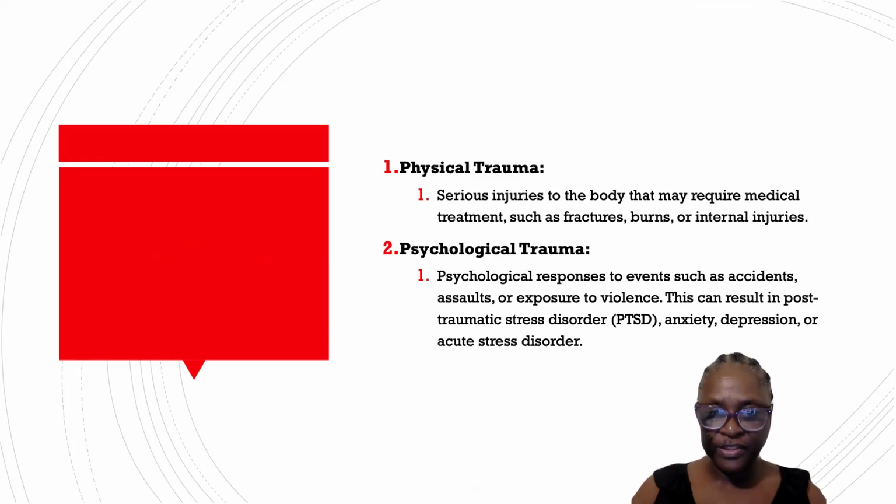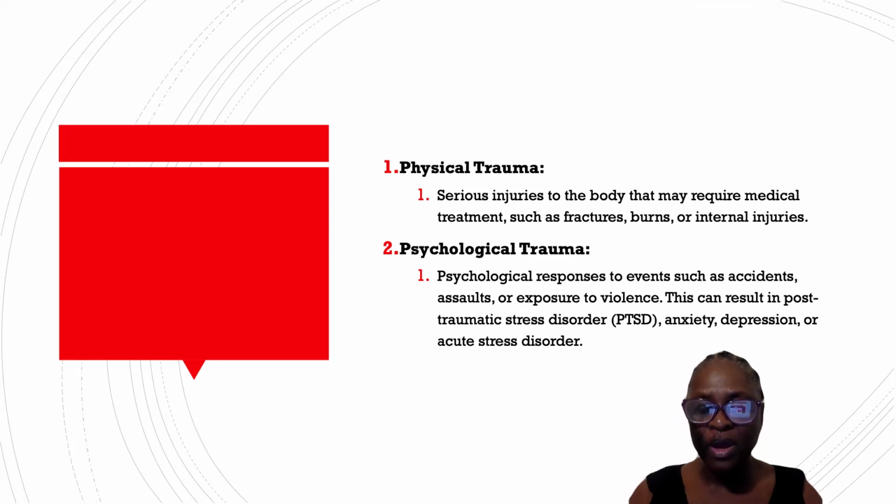Physical trauma, serious injuries to the body that may require medical treatment, such as fractures, burns, or internal injuries. Psychological trauma, a psychological response to events such as accidents, assaults, or exposure to violence. This can result in post-traumatic stress disorder, anxiety, depression, or acute stress disorder.